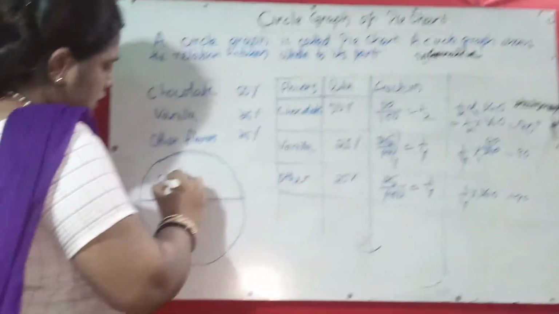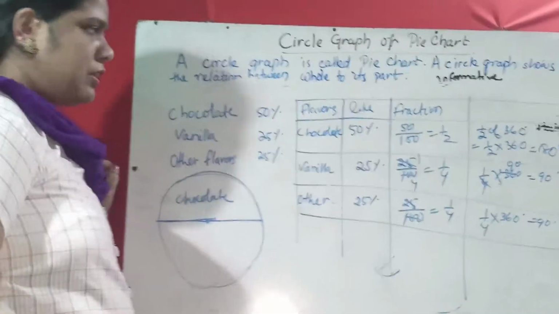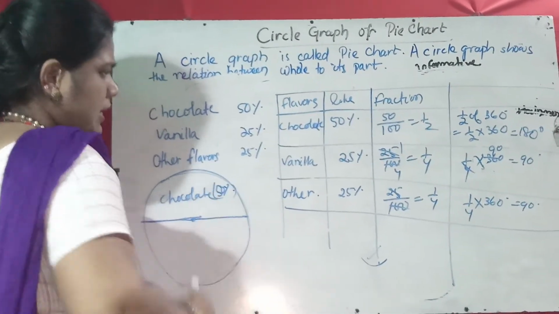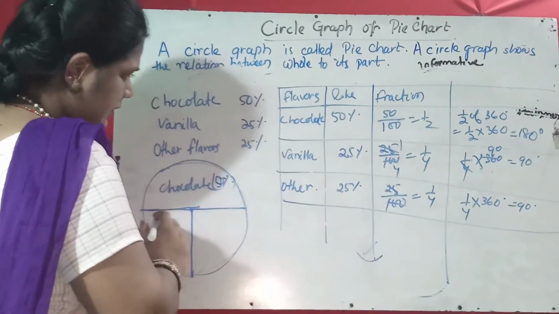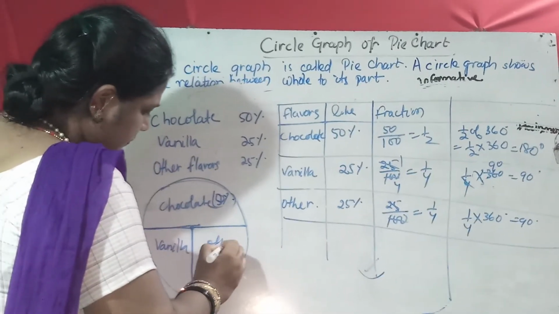It is chocolate, the flavor liked by students, that is 50%. Then again here you draw 90 degrees. This is vanilla, this is others.